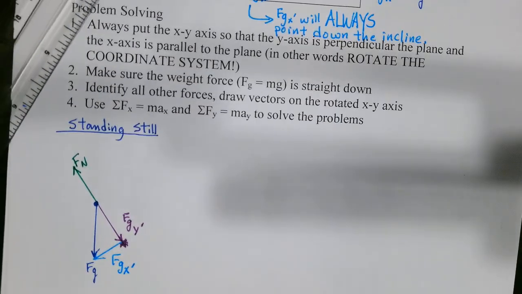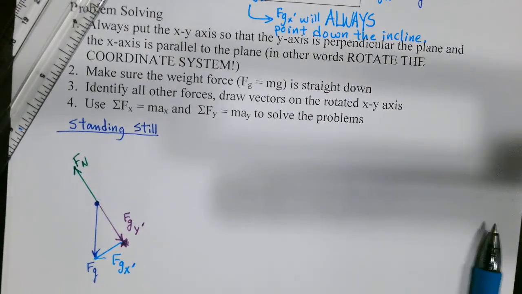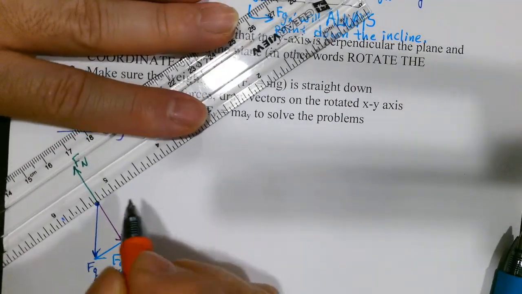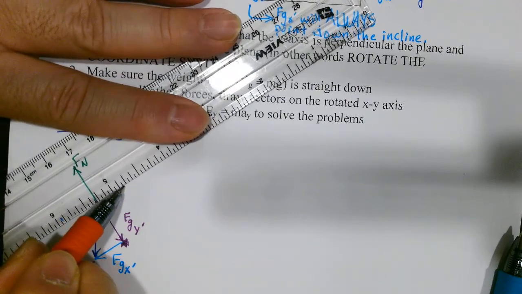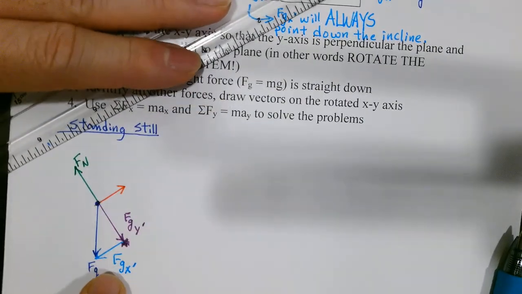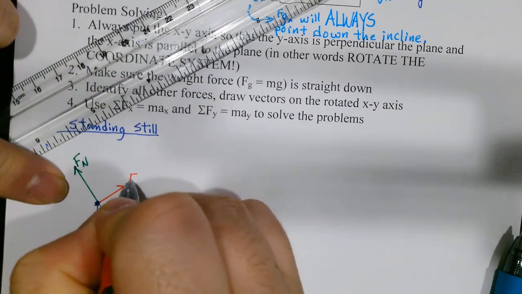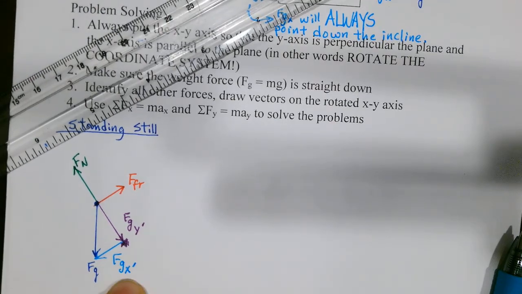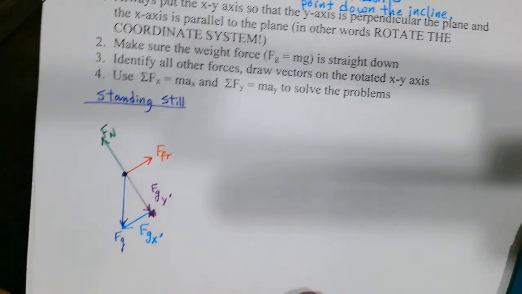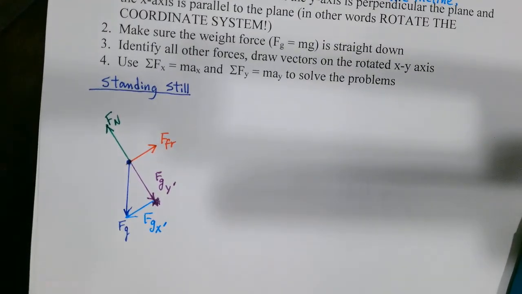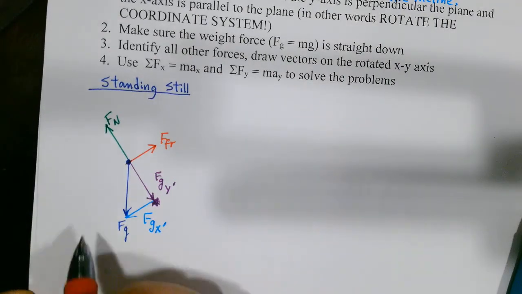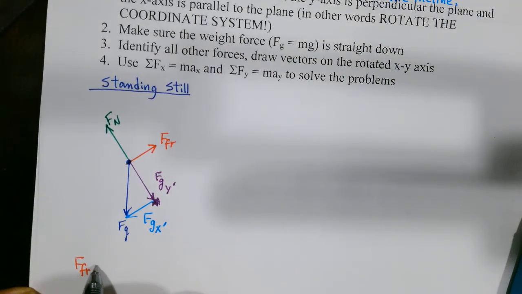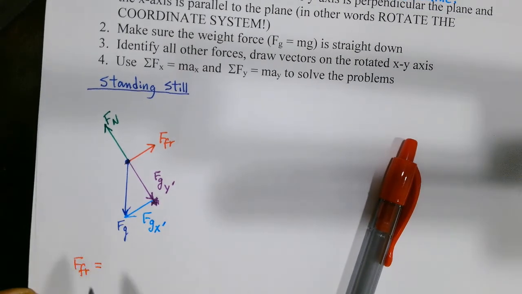Okay. And since it is standing still, my frictional force has to be in the opposite direction of motion or its intended motion. And this friction is along the incline, parallel to the incline, same value as my FGX. Okay? So standing still, my friction is equal to my FGX.